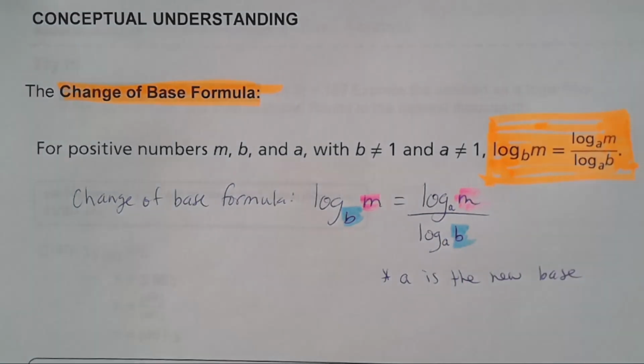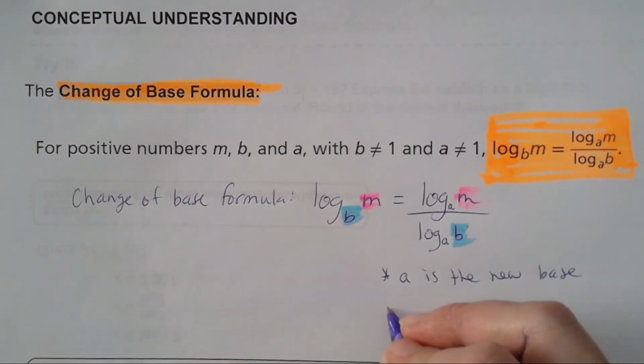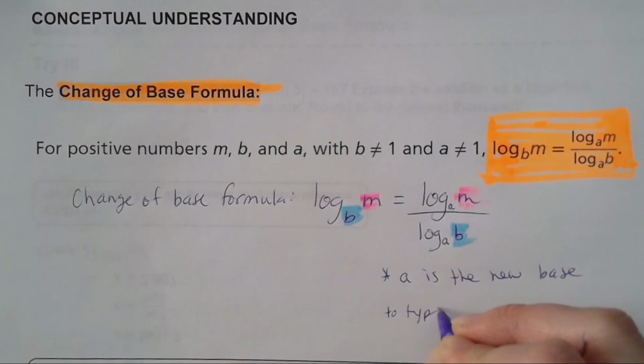So for instance, they might say change this to base 5. Well then a would be 5. They might say change it to base 10, if I want to put it in the calculator, because to type in calc, you need a base of 10.